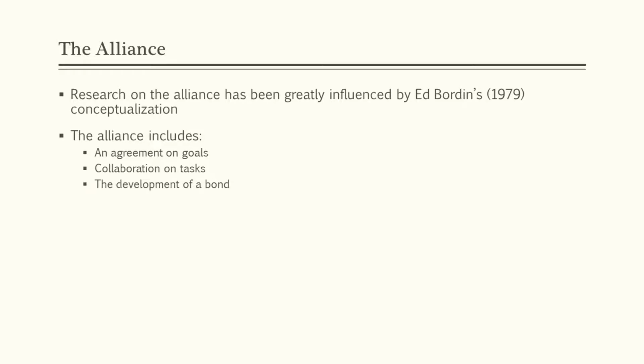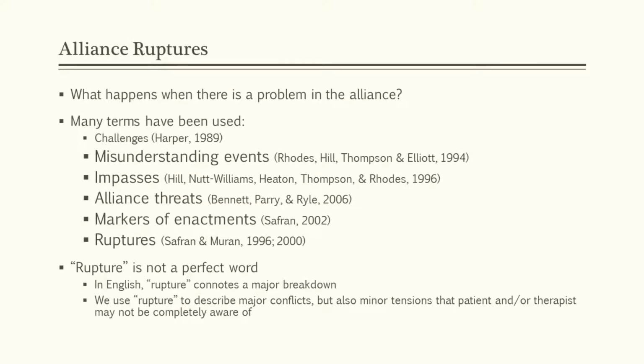That is very much in our minds when we're thinking about what a rupture in the alliance is, which is basically a problem in one or more of those areas. Many terms have been used in the literature to talk about problems in the alliance, things like challenges, misunderstanding events, impasses, alliance threats, markers of enactments.